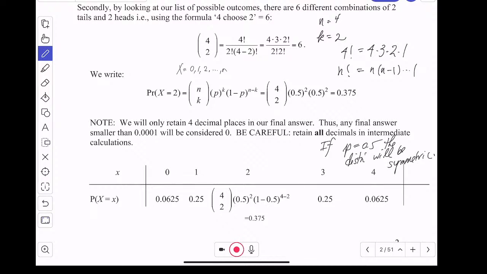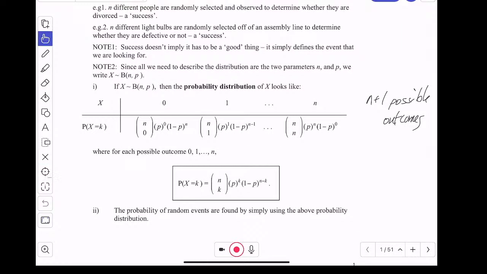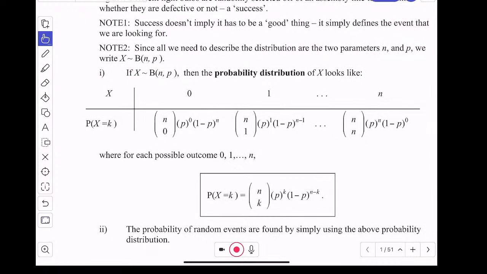All right? Because all you're doing, if you think of the formula, if it's always 0.5 and 0.5, then you can be sure that because these don't change, they're always 0.5, as you cycle through all the different exponents, so 0, n, 1, n minus 1, all the way to n, 0, these values will be the same symmetrically.